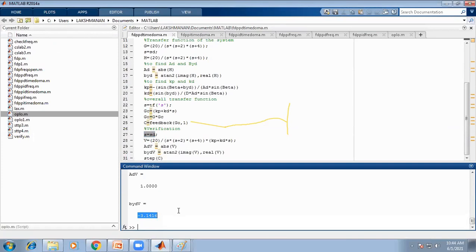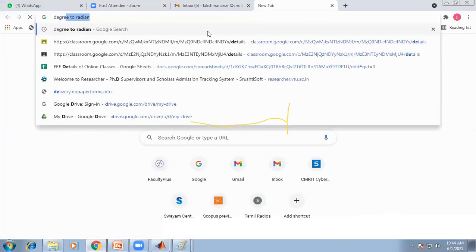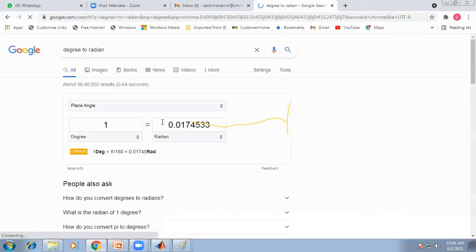Sir, actually in MATLAB the phase is represented in radians. So whenever we convert this radian into degrees, we will get minus 180 degree.